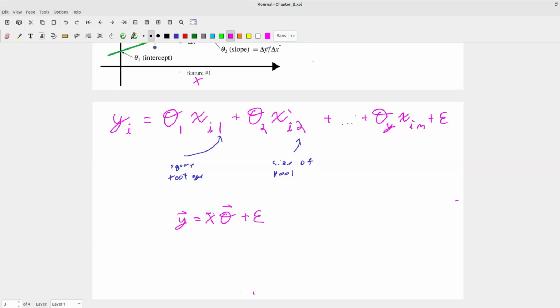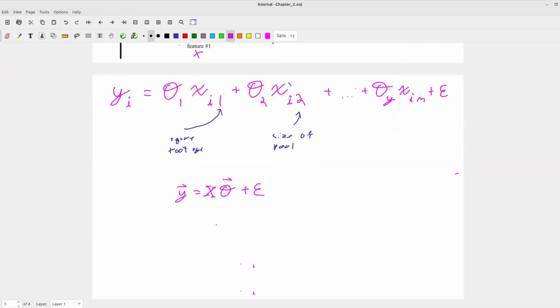So we have a vector of our targets equal to our data set times a vector of all of our parameters that we train plus a good chunk of error. And we can draw this out.